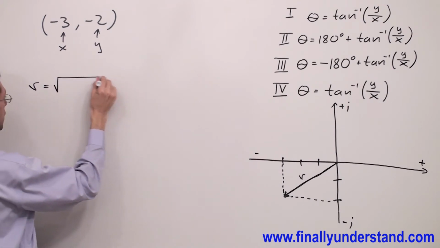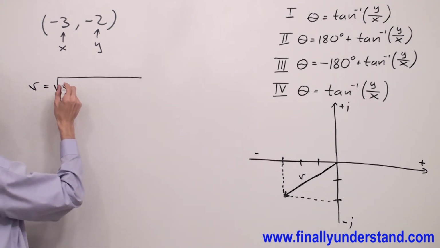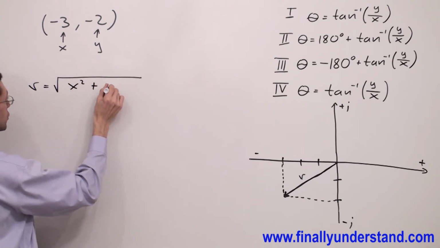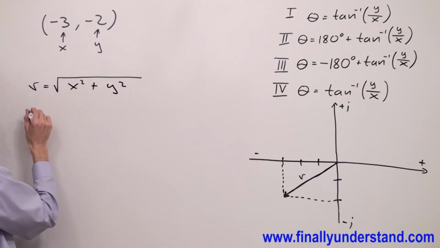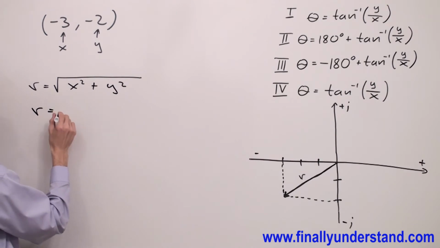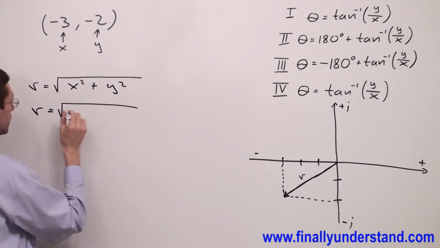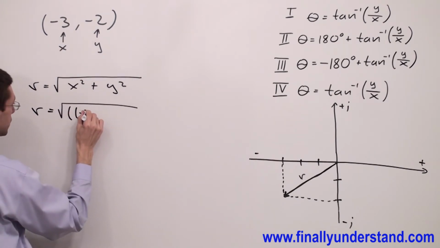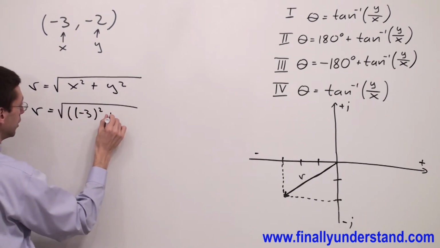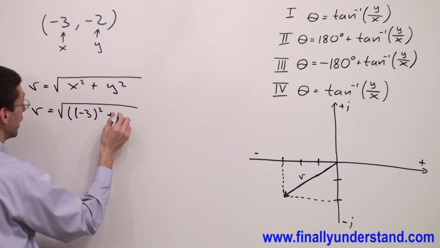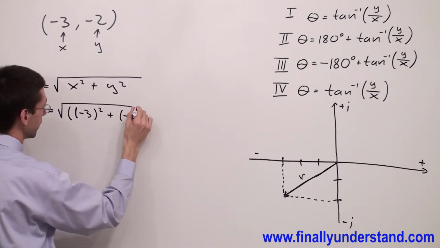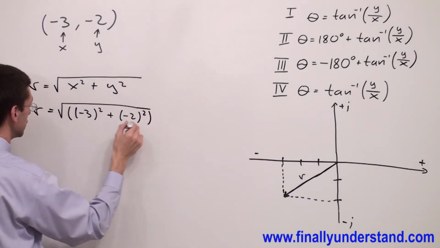which says r is equal to the square root of x squared plus y squared. So r is equal to the square root of -3 to the second power, plus y squared, which is -2 to the second power, close parenthesis.